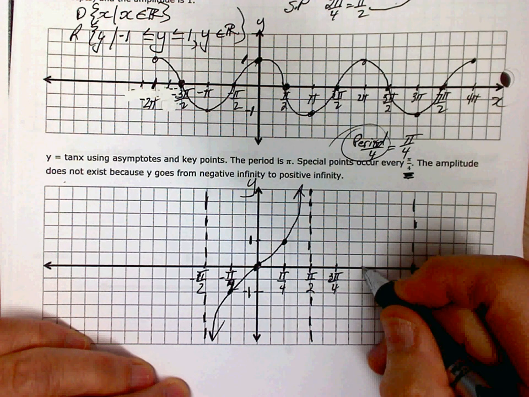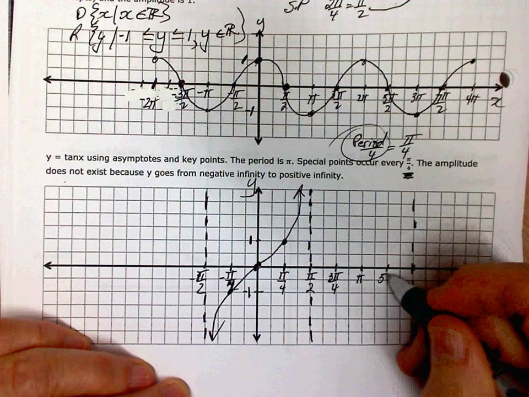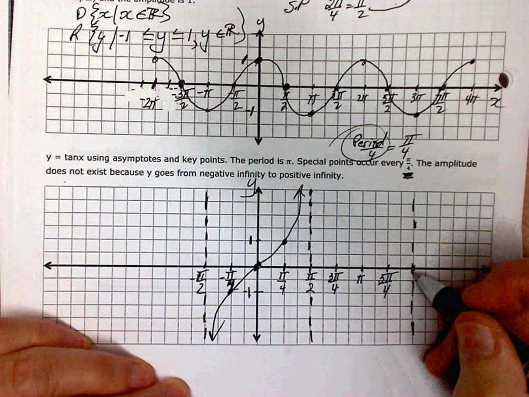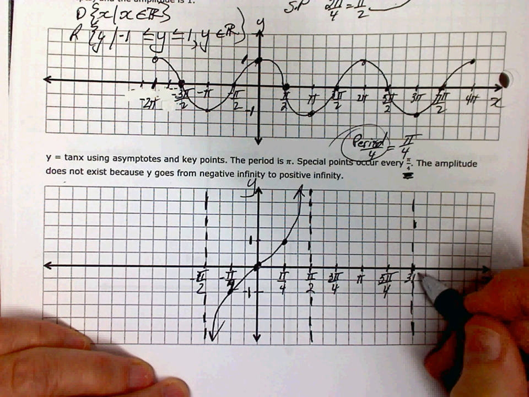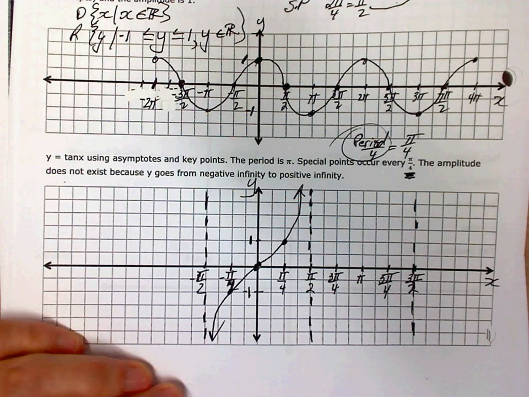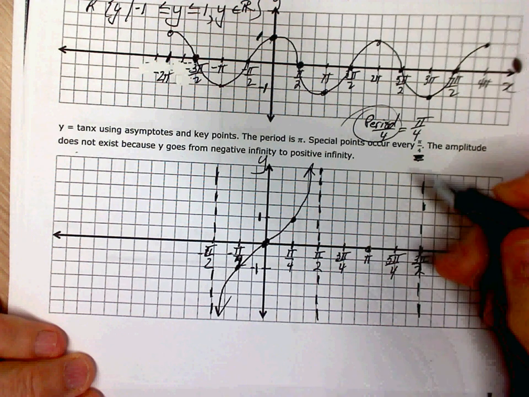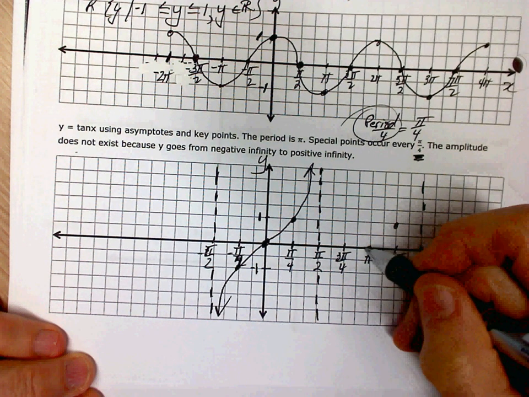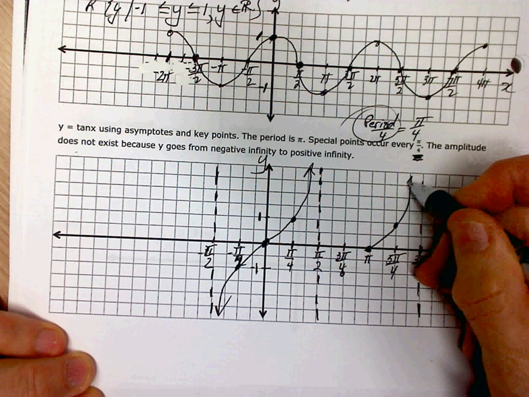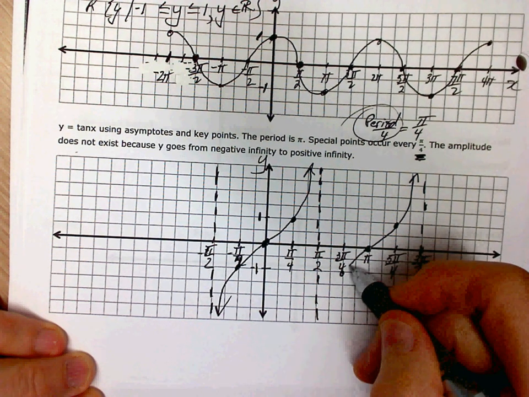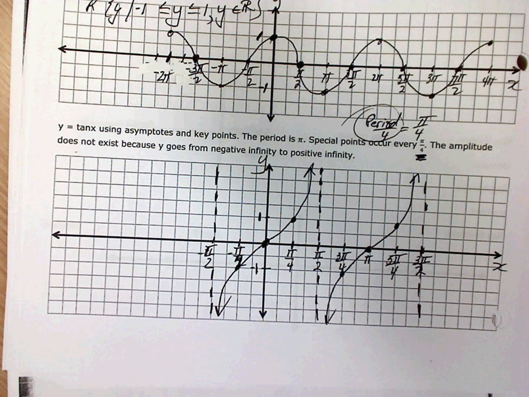This is going to be pi. This is going to be 5 pi by 4. And this is going to be 3 pi by 2. Okay, so again you have the same pattern as we had before. We could do it in the negative direction as well, but I won't belabor the point.